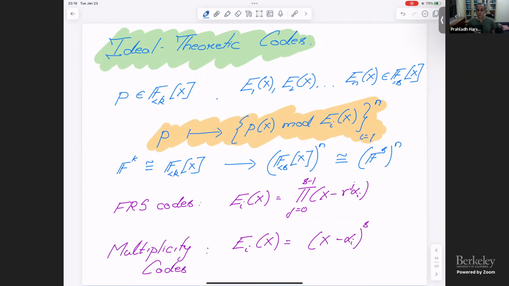And the multiplicity codes are the ones in which the Eis are exactly (x minus alpha i) to the power s. The multiplicity codes are ideal theoretic codes in which you go mod not x minus alpha i as in Reed-Solomon, but (x minus alpha i) to the power s. At least in the case of univariate. For the multivariate, we'll have to do a little more work, but that's basically going to be the code.